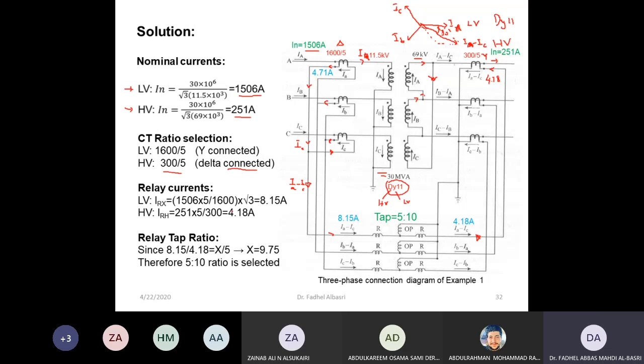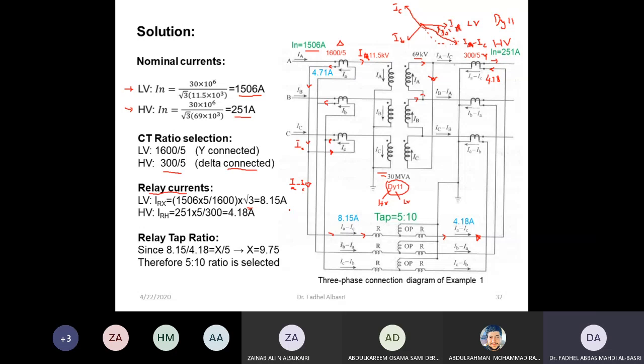So at the relay side of the LV side, the relay current is the primary current divided by the CT ratio, multiplied by √3.